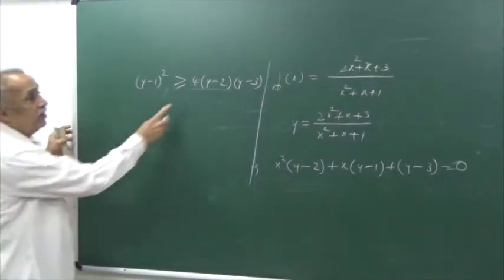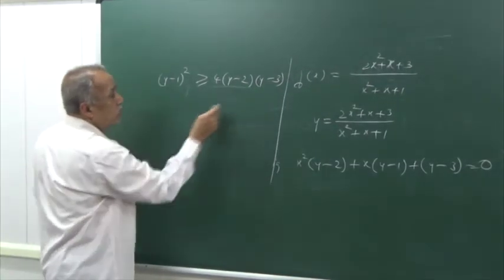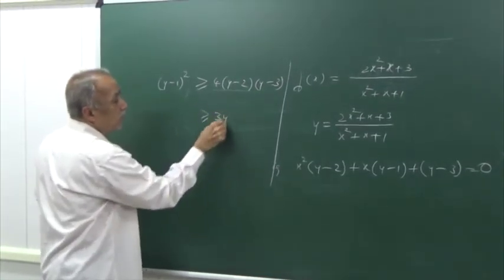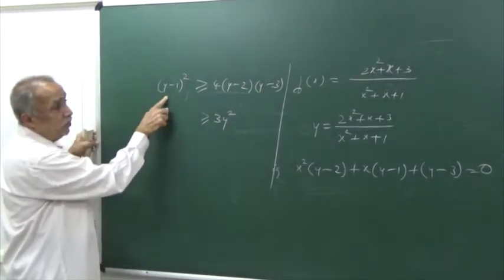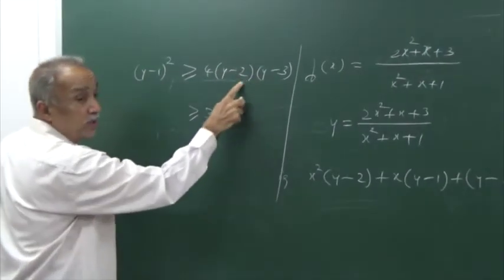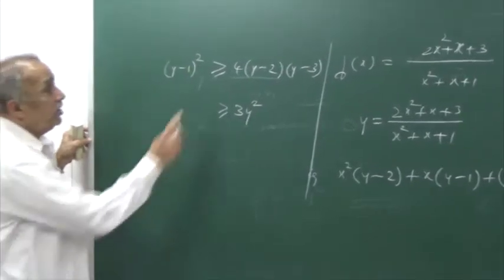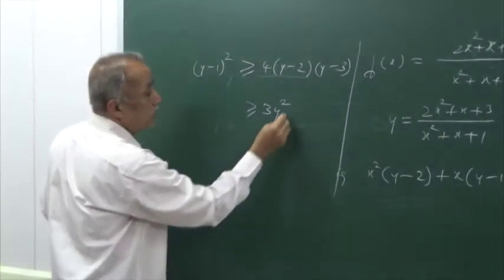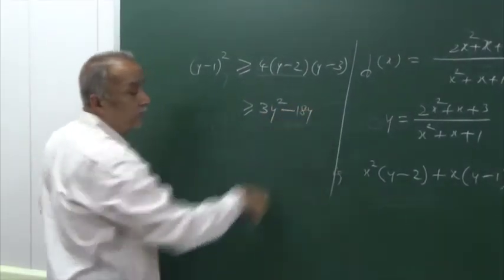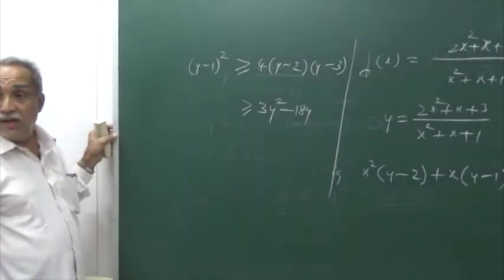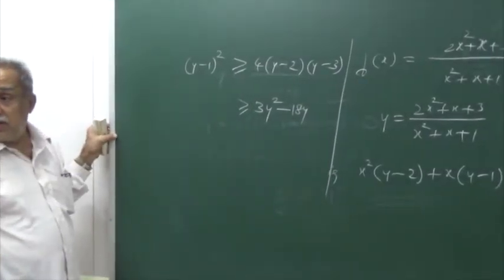Simplify. Y square, 4y square, minus 2y, and here how many y's do you get? Minus 20y. Minus 20y, this minus 2y shifted to that side, right? Correct?